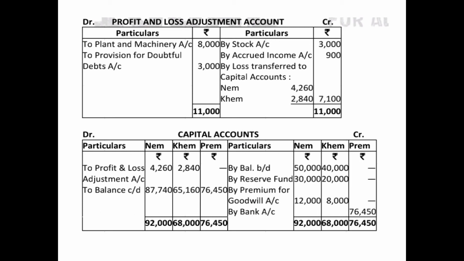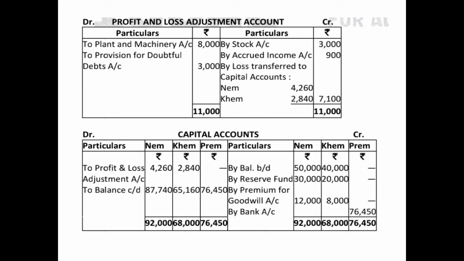Since the opening balance was given on the liability side, we have written it on the credit side. If it was given on the asset side, then we would have shown it on the debit side. So the opening balance of Naman and Kalam is by balance brought down, Naman 50,000 and Kalam 40,000. There is no opening balance of Prem since he is a new partner.